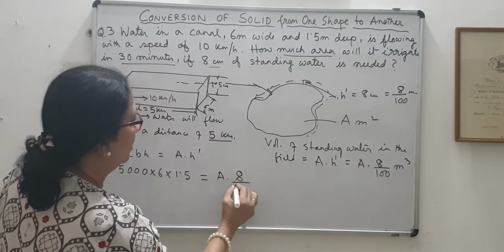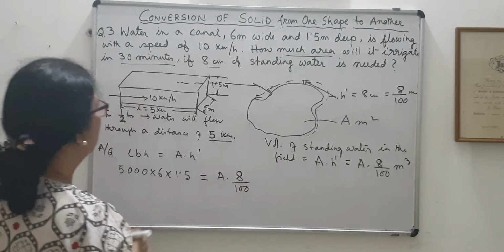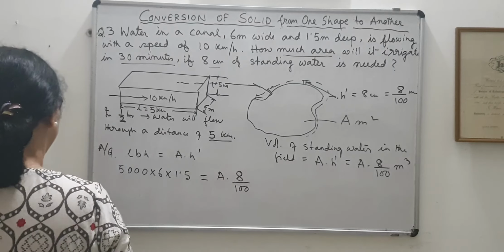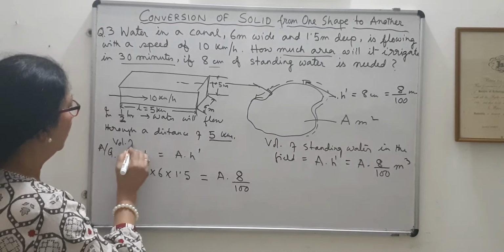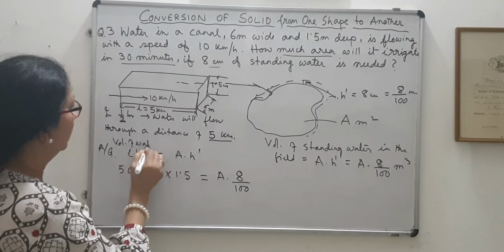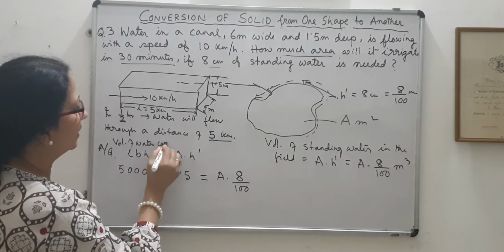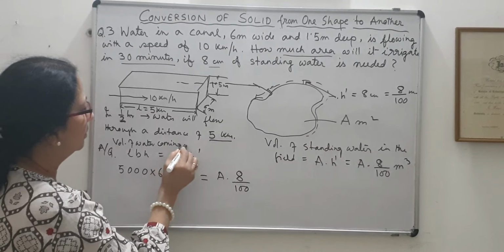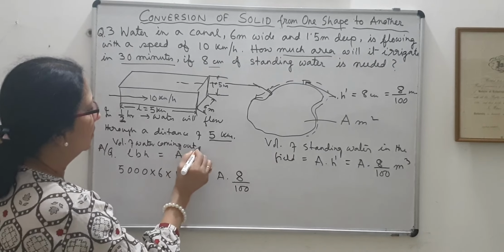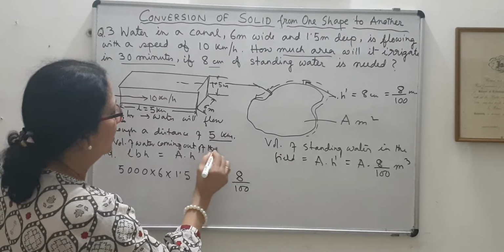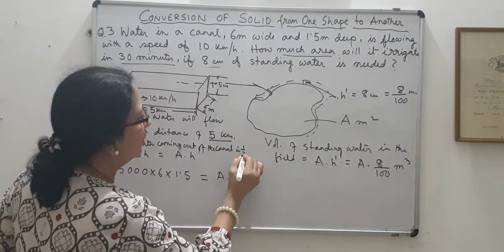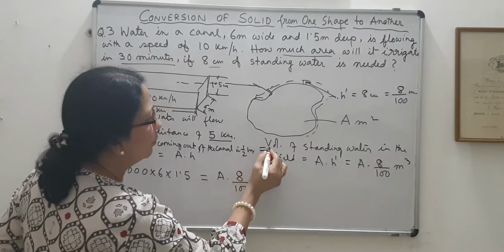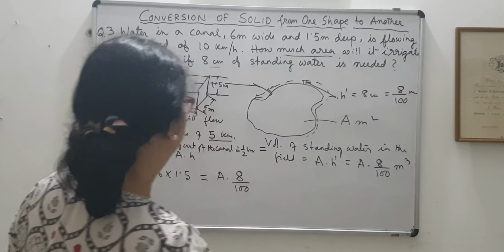This will be equal to this volume, that is A into 8 upon 100. So before that, let me write here, volume of water coming out of the canal in half an hour is equal to volume of the standing water in the field.